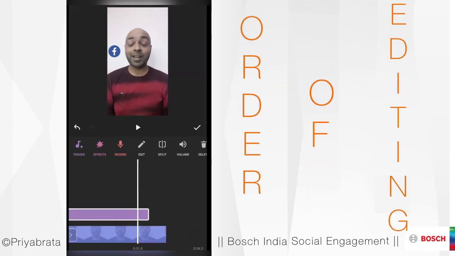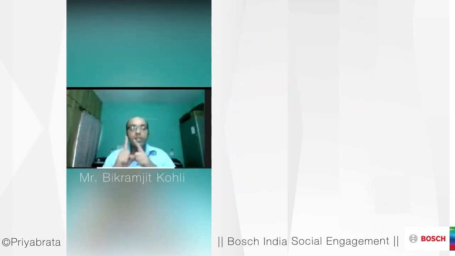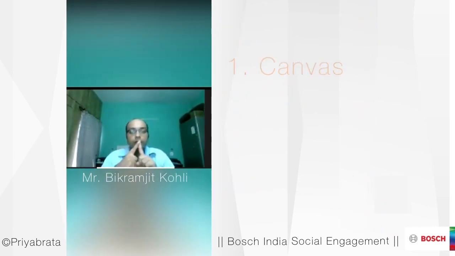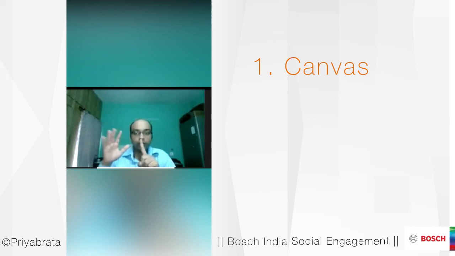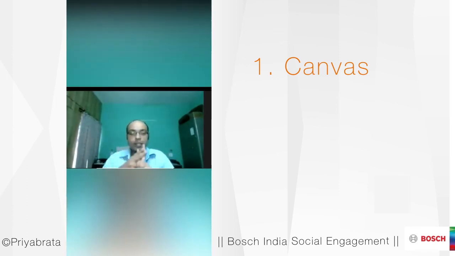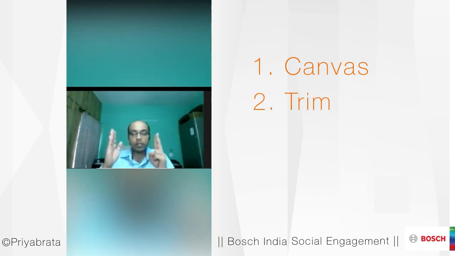Now I'm telling you order of editing which should work for you. The first order of editing should always start with your canvas. If you want to resize, add a background, anything, that is the first thing you should do. The second thing you should do is to trim your clip.